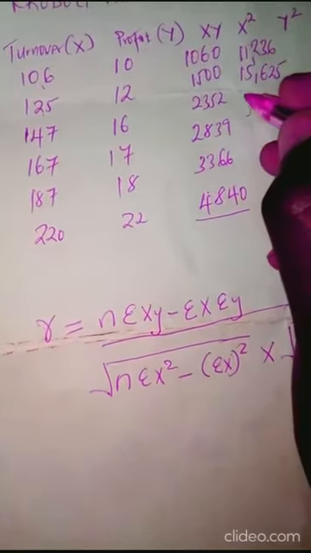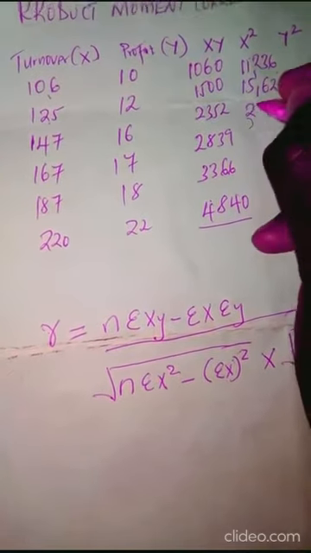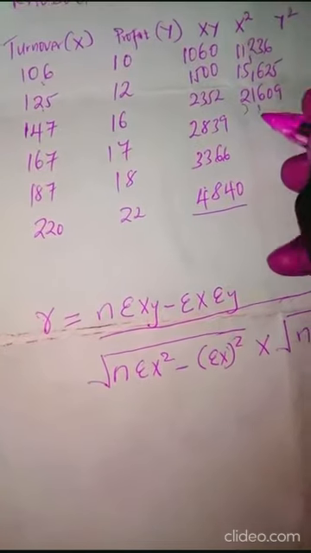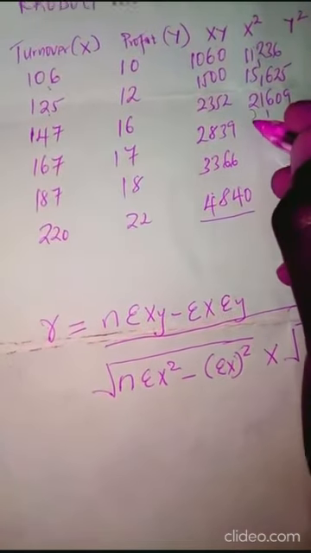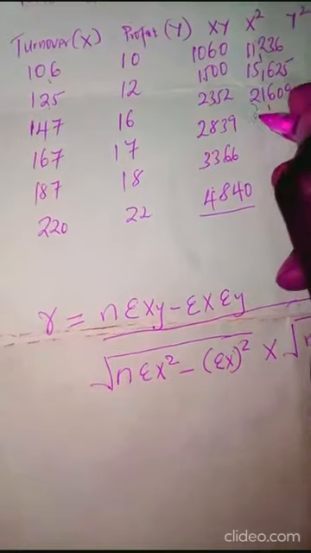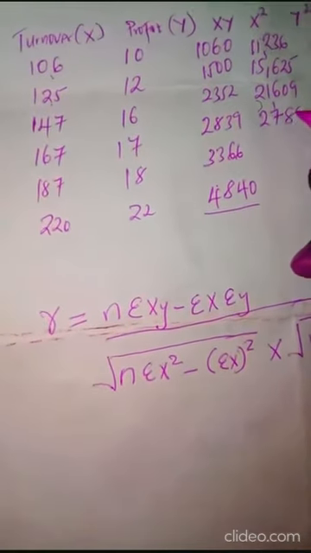Then we have next 147 squared, which gives us 21,609. All these are multiplication from the calculator. Then we have 167 squared, which is 27,889.